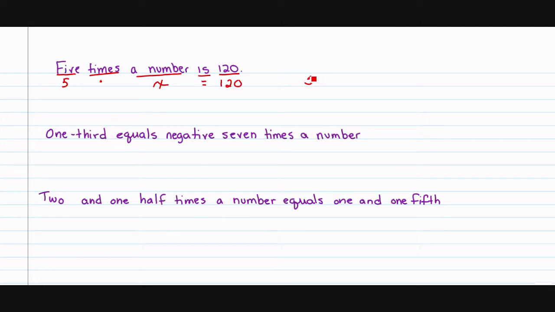I'm going to push the 5 and the x together, equals 120. The 5 is connected to the x through multiplication, so the opposite of multiplication is division. I'm going to divide 5 on both sides to keep the value of the problem the same. And x equals 120 divided by 5.